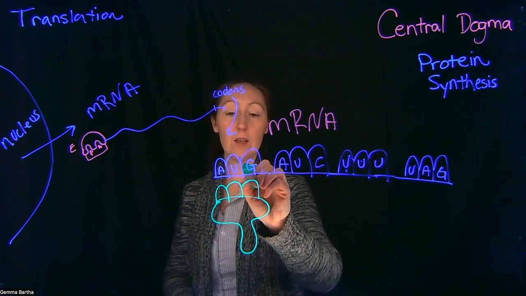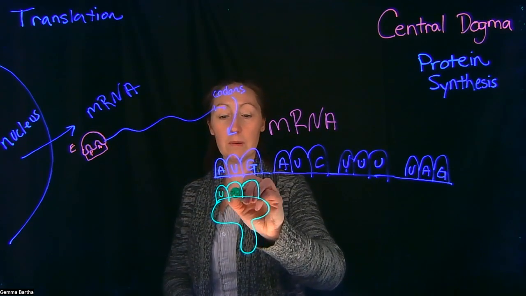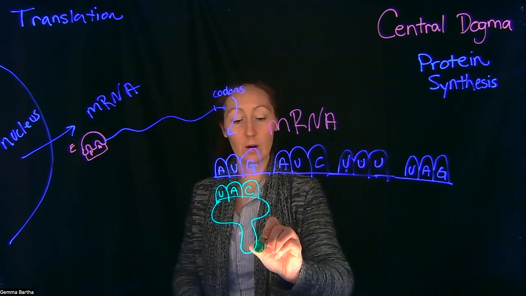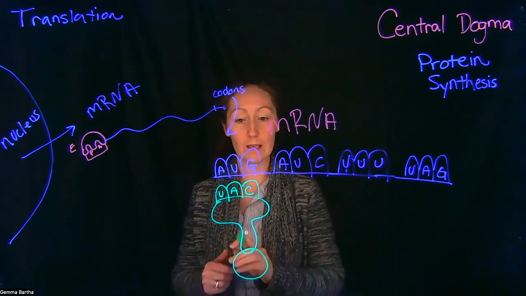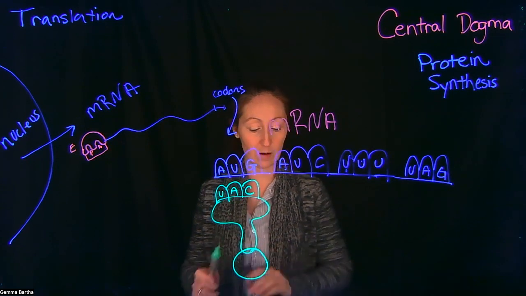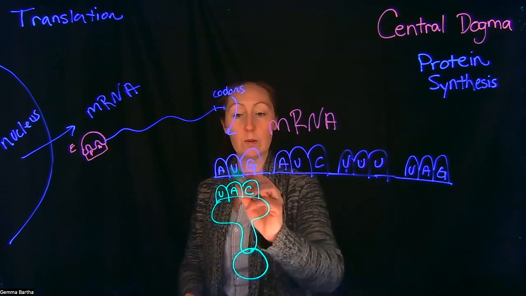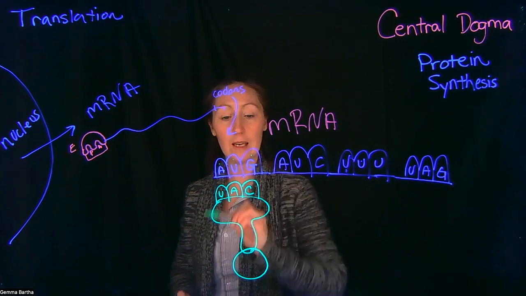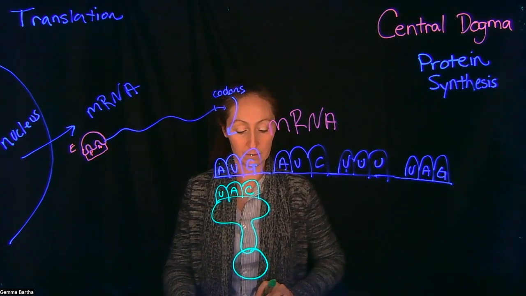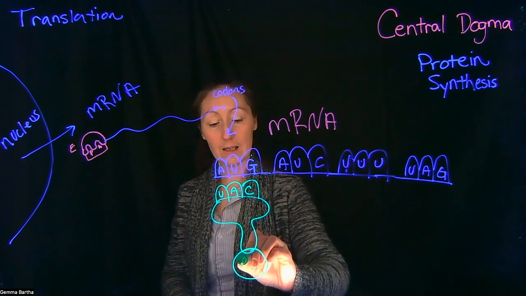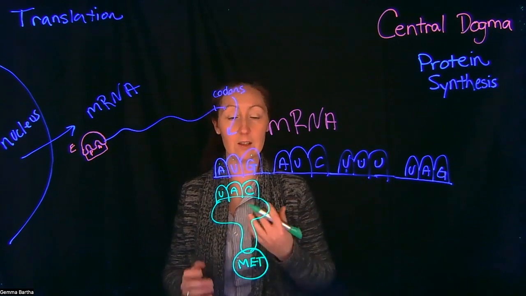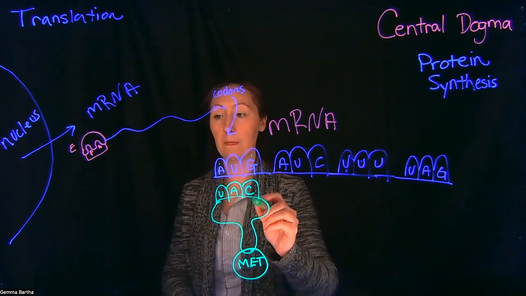If this is AUG, this is going to be UAC. And this anticodon is actually holding an amino acid. What amino acid is it holding? You would look at AUG, go to your genetic code table, and it's going to be holding MET. And that's going to be your start codon.